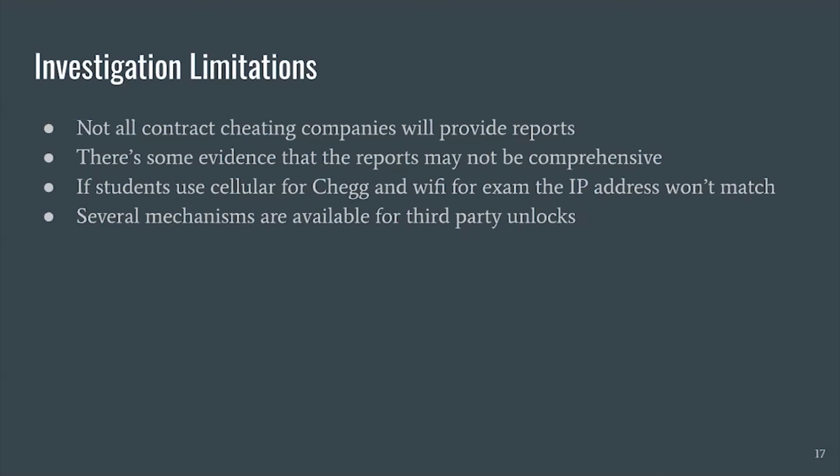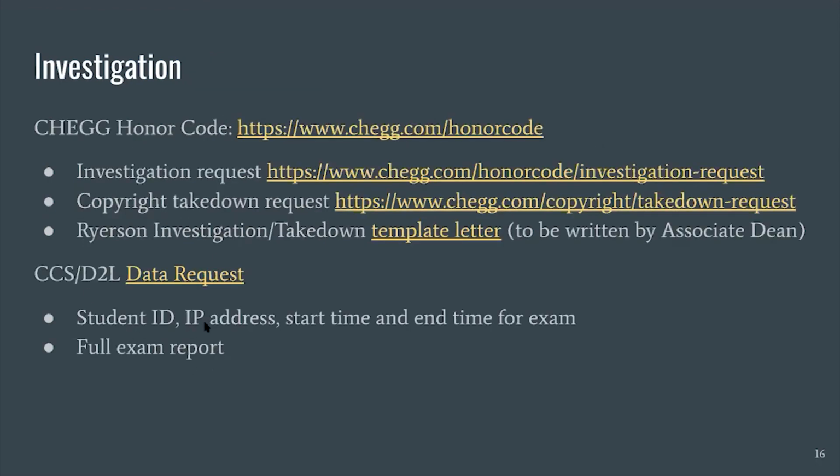They also provide the viewers as well. And it's the same set of information, what time, what their accounts are, IP, et cetera. So you have this Excel sheet, and then you get the information that we mentioned from D2L, the student ID, IP address, start time, end time for the exam.